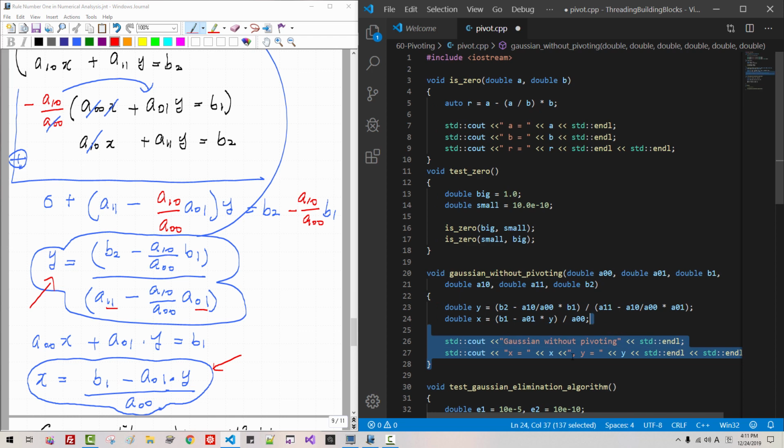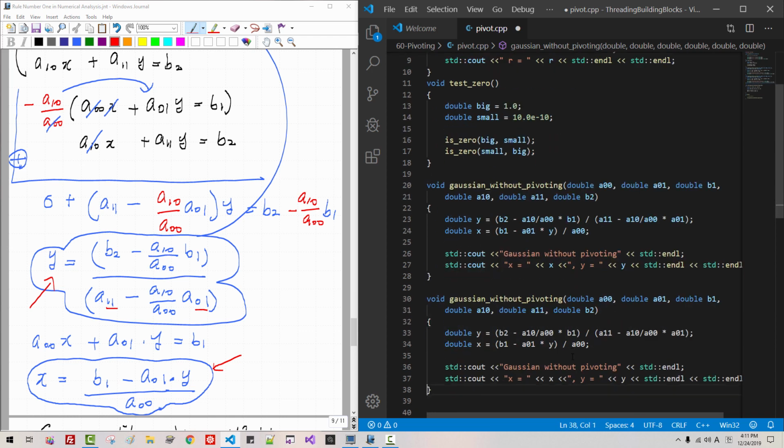Now I copy the same function, paste, and name it Gaussian with pivoting.